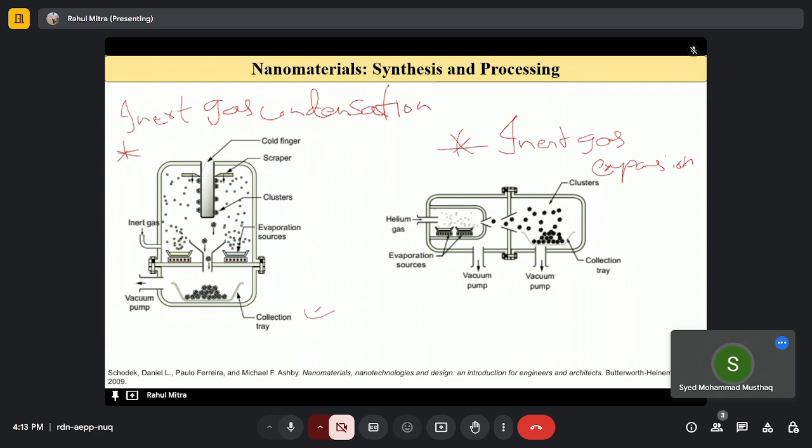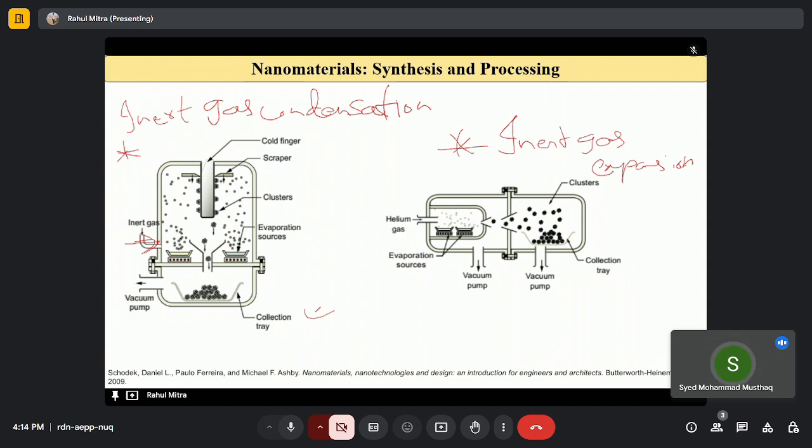So what we normally do is take an inorganic material, vaporize it in a vacuum chamber, and pump in inert gas, which acts as a ship. It takes these molecules to the top, makes them condense, and we have nanoparticles.